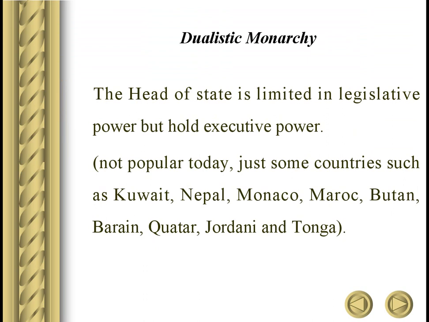In the constitutional monarchy, we can divide them into two categories: dualistic monarchy and parliamentary monarchy. For dualistic monarchy, the head of state is limited in legislative power, but still holds executive power. Today, just a few states still keep that state formation.